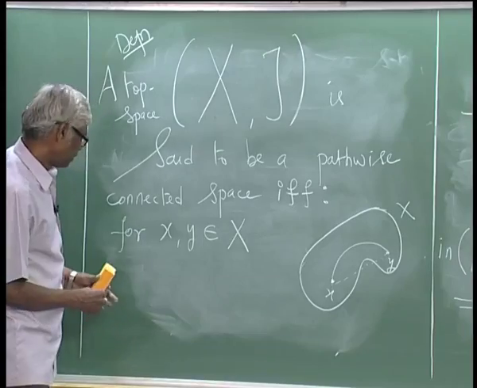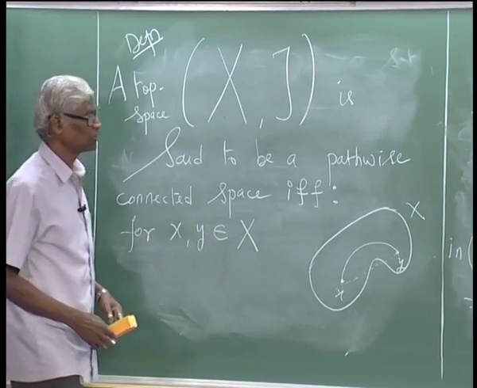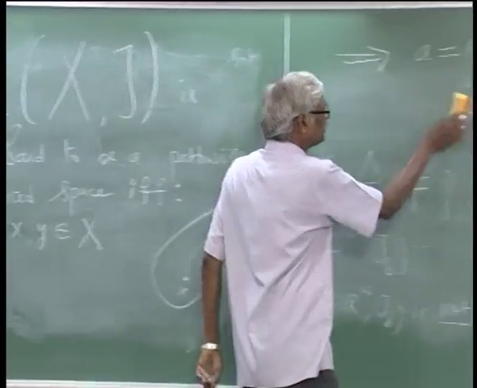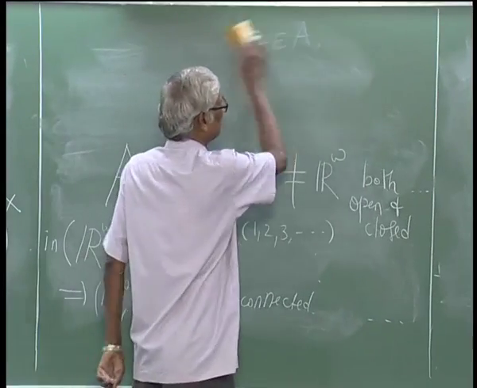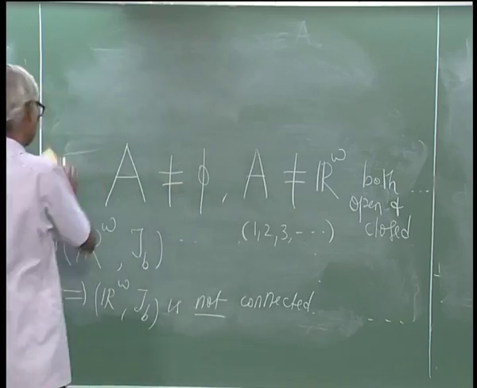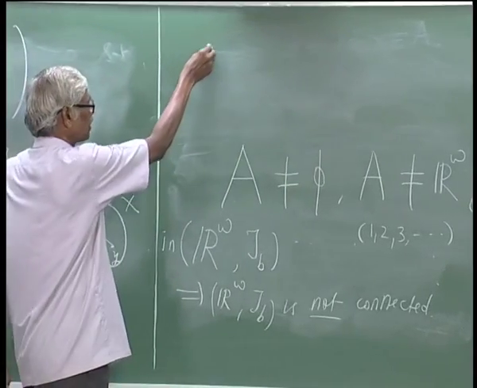That means for x, y belonging to X, there exists a path or an arc that is nothing but a continuous function.